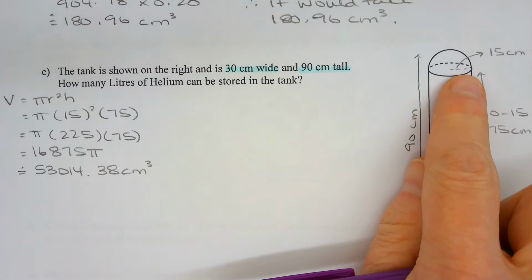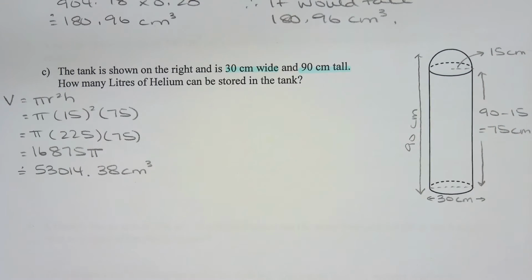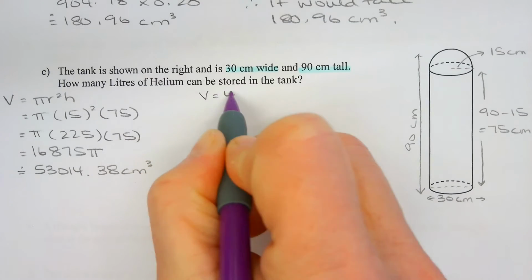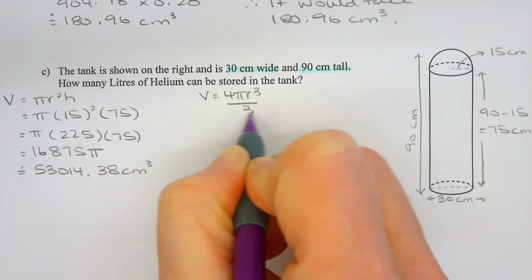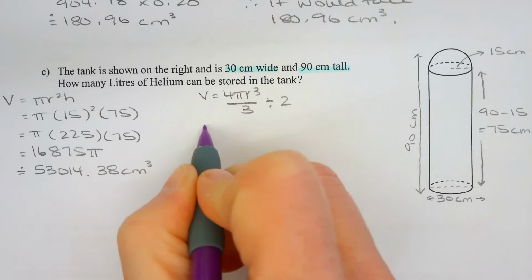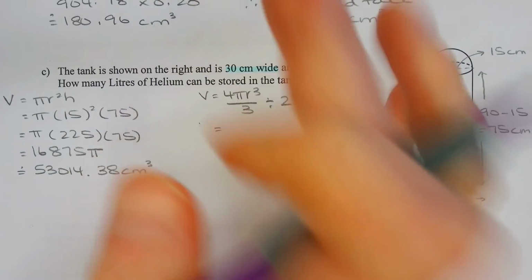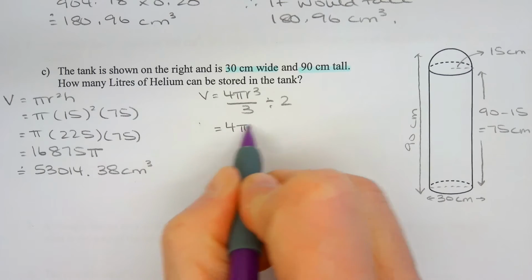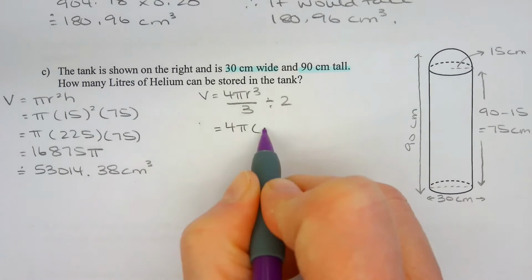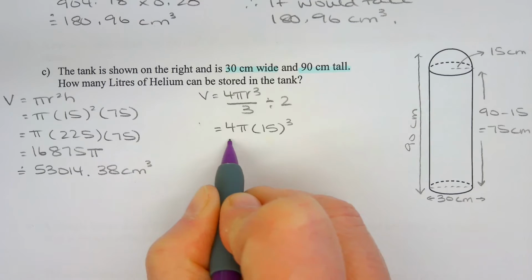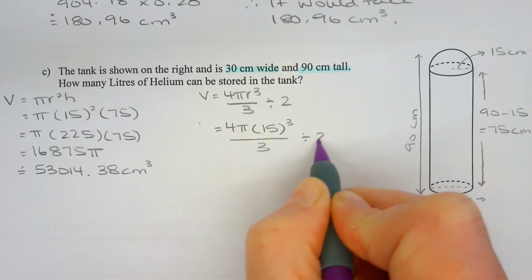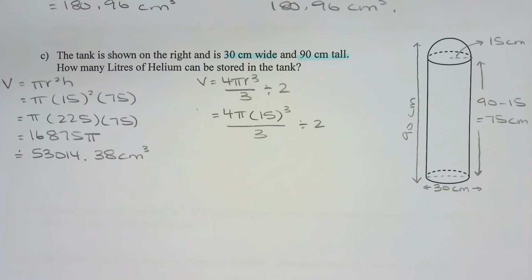And now I want to look at the volume of the hemisphere. So I have the volume of a sphere, and I'm going to divide that by 2. So I have 4 pi, r is 15 cubed, divided by 3, and then we will divide that answer by 2 because we only have half of it.